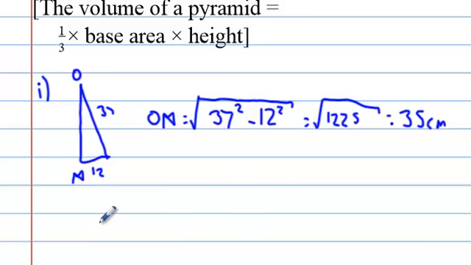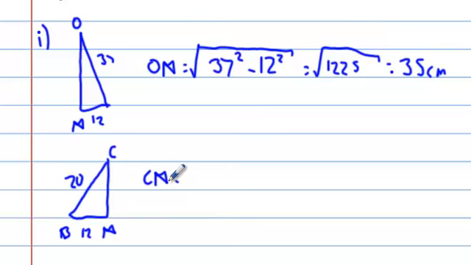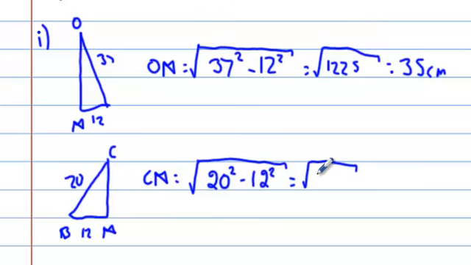For CM, triangle I'm thinking of here is this one there, CM. B to C is 20, B to M is 12, so C to M is 20 squared minus 12 squared square rooted, which is the square root of 256, and that's 16 centimetres.